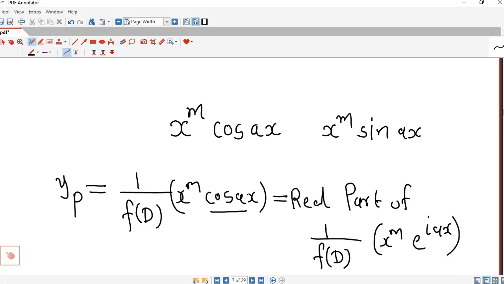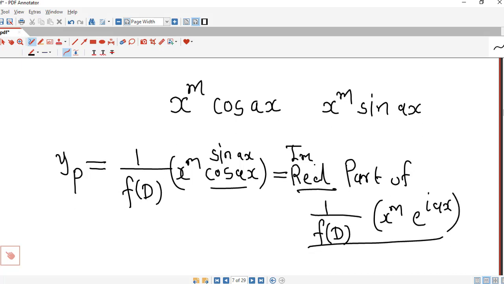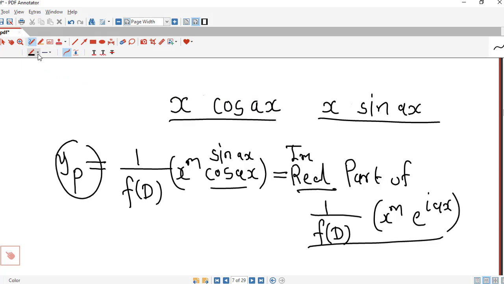Similarly, if we have sine function in the product, then instead of real part we have to find out imaginary part of this 1 over f of D x raised to m e raised to i ax. But if power of x is 1, that is if we have x into cos ax or x into sin ax, then we have another shortcut formula for the same particular integral.